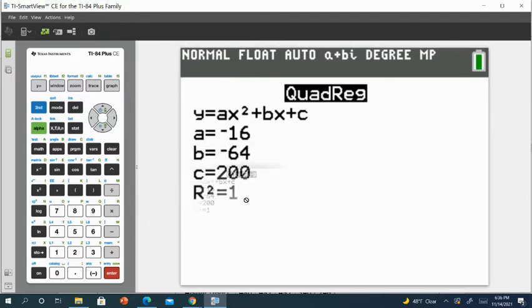Also, I would like to point out your r squared is equal to 1. So there is a perfect relationship between the time in seconds and the height in feet that the amusement park ride takes riders on.